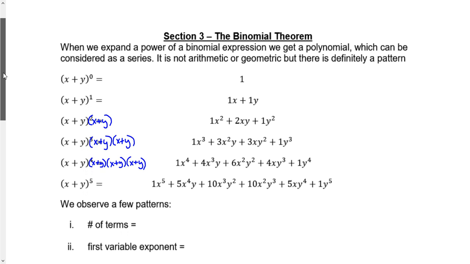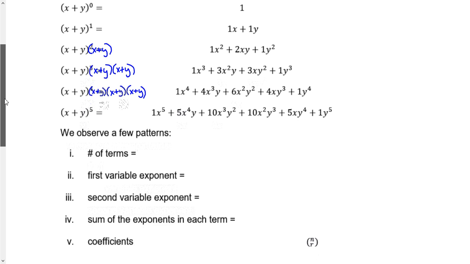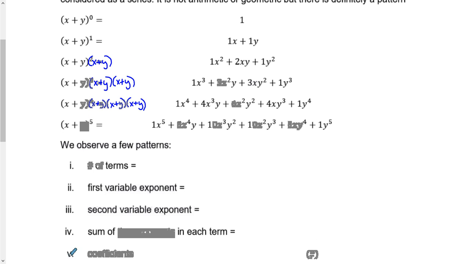But there is a pattern, and there's at least 5 that we can see. The first one we can see is the number of terms. If you're looking at this first line, we'll call it the 0th line, just because of that power of 0, you'll notice that there's 1 term.